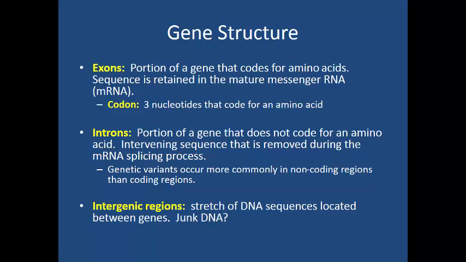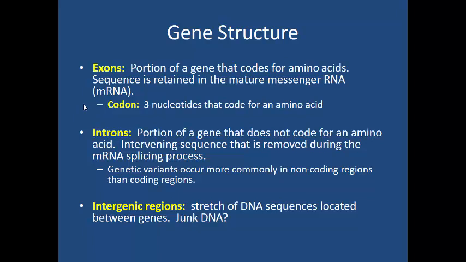And we know that genetic variants occur more commonly in non-coding regions, such as introns, than in coding regions. If you think for a minute about why that might be, it's because our coding regions are usually the most important for the function of a gene, and changes in them can be detrimental and often have bad consequences.